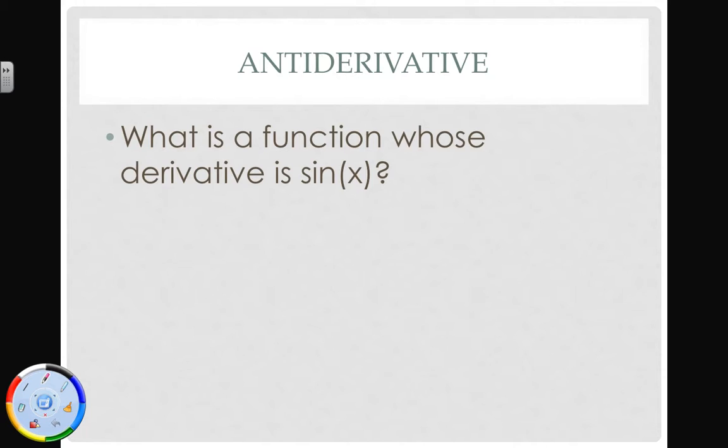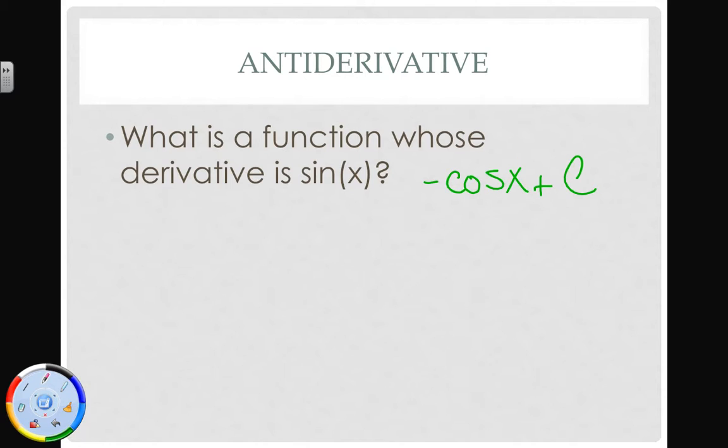Basically saying, what's the antiderivative of sine of x? It can't be cosine of x because the derivative of cosine is negative sine. So I could say it would be negative cosine of x. But the problem is it could have a constant out here. So this is how we write it: the antiderivative of sine of x is negative cosine of x plus c.